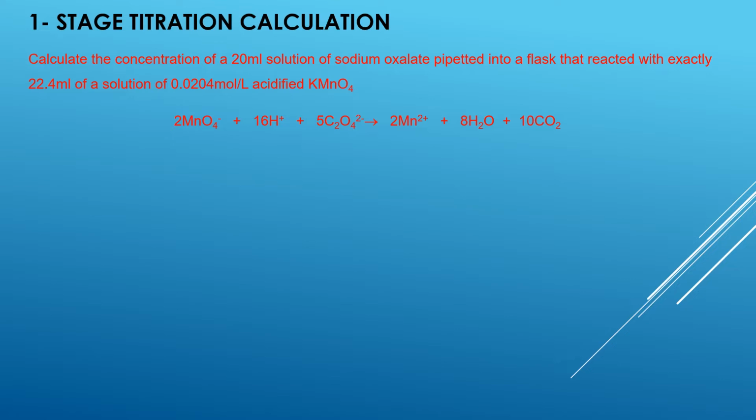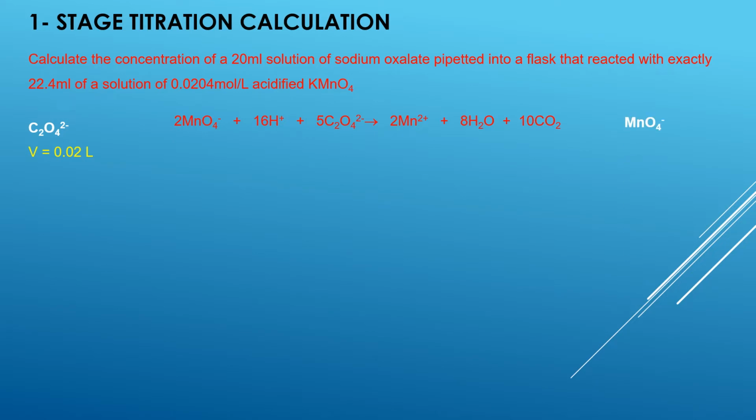Now, our second most important thing is to write and jot our information down. So let's see what we are given. This is the formula of oxalate ion. Whenever oxalate ion takes part in a reaction, it will get itself oxidized to carbon dioxide. For oxalate ion, we know the volume, 20 ml, which will be changed into liters.